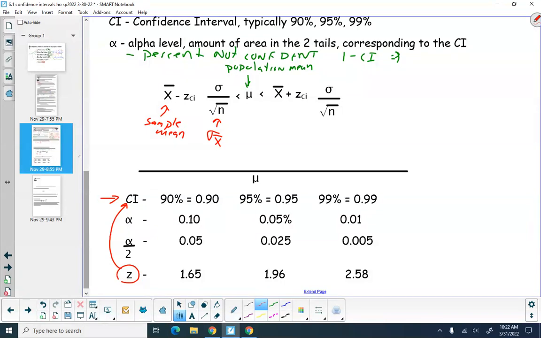Well, if we're always using 90, 95, or 99%, what we have done here is correspond a z value to these values.